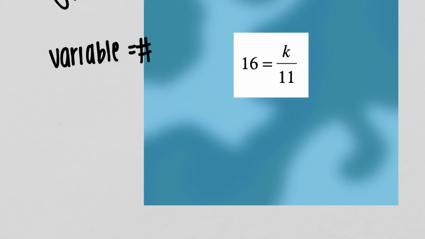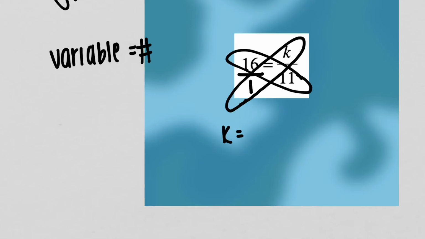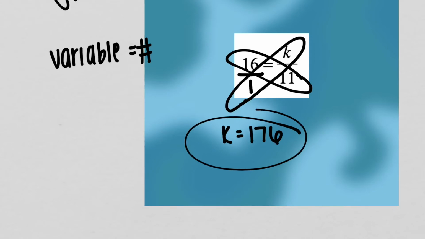Now, I kind of want you to think of this as a cross multiplication type deal. If you have just a plain number on one side, you can put it over 1, and we're going to cross multiply. So k times 1 gives us k equals, and then we do 16 times 11, which equals 176. We want to check, is it k equals a number? It is, so we are done.